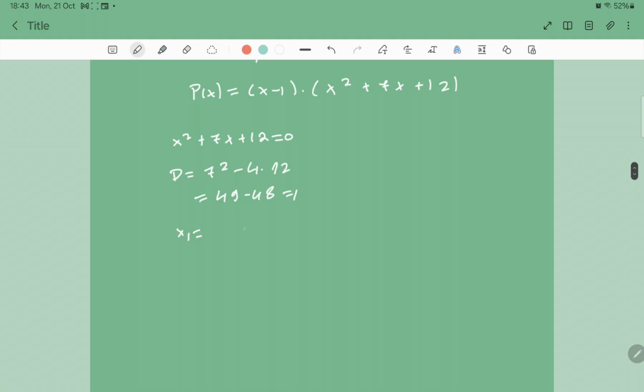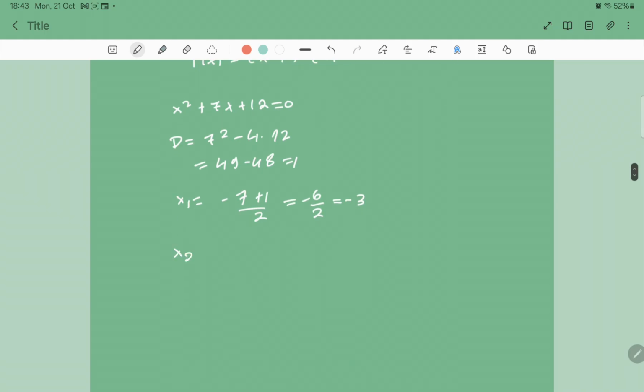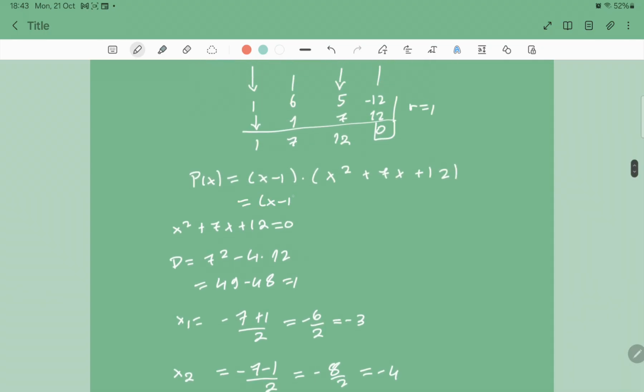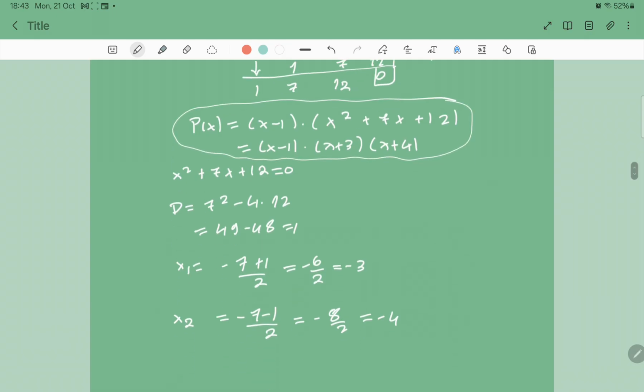The x1 is minus 7 plus 1 over 2, that's minus 3. x2 is minus 7 minus 1 divided by 2, minus 8 over 2, minus 4. Okay, so p of x is x minus 1 times x plus 3 times x plus 4.